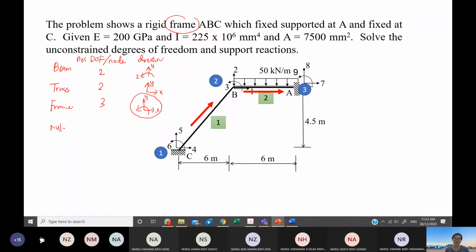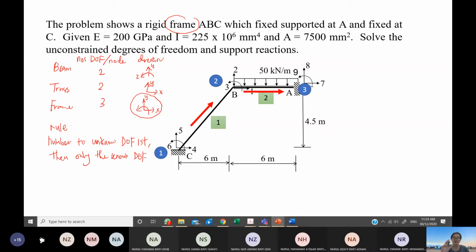If you still remember, the rule is we give a number to the unknown DOF first, and only then the known DOF. DOF here means the displacement permitted for that particular node. In this frame, it can move in the X direction, Y direction, and also the Z direction.